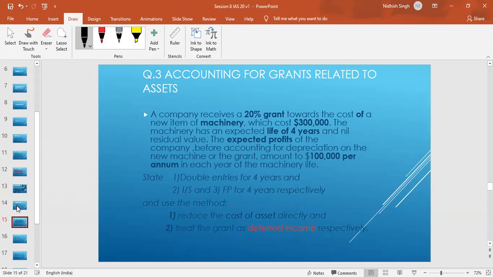Then accounting for grants related to assets. So read this through and we'll go step by step. This will be longer, a couple of pages long solution.